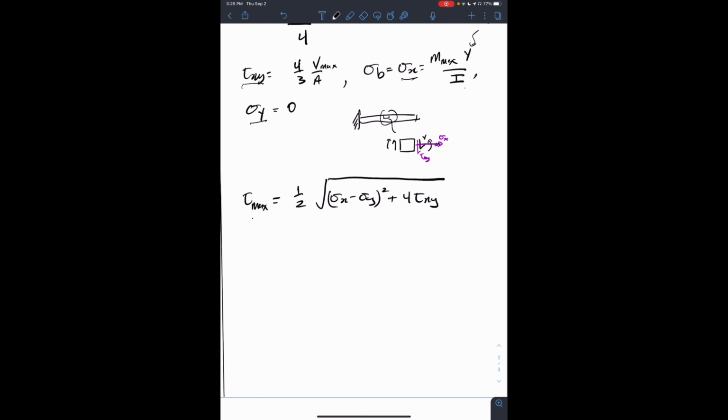When we start doing failure theories, you will understand this a little more. But for now, tau max represents the combined state of stress in the solid.